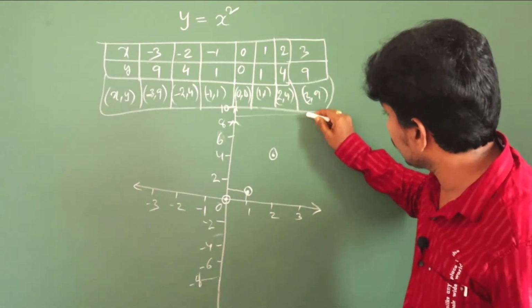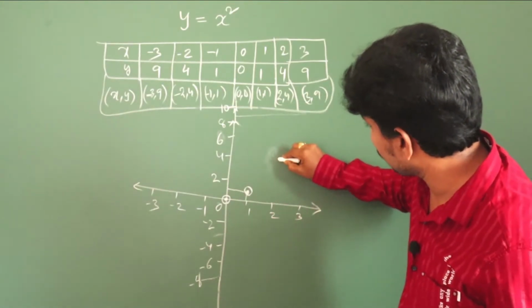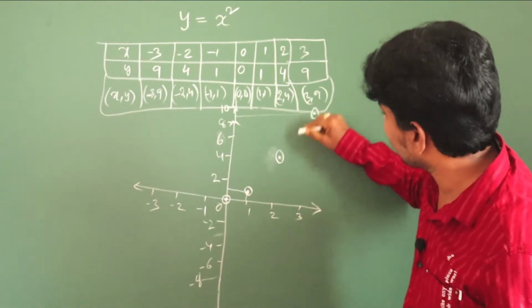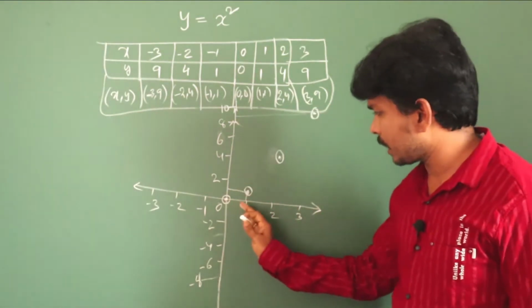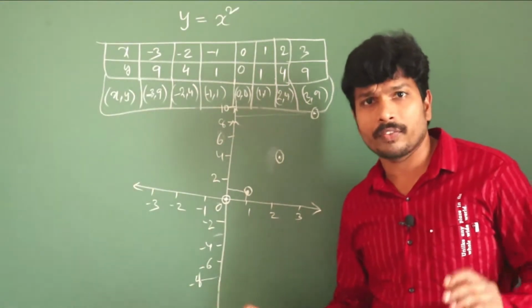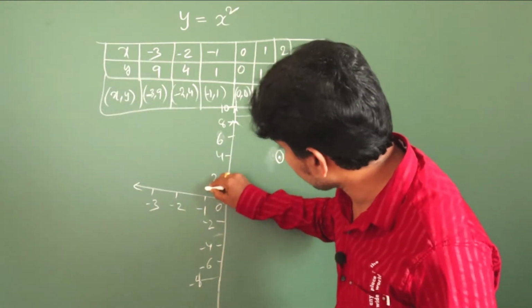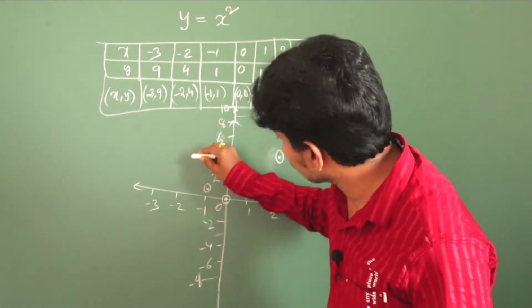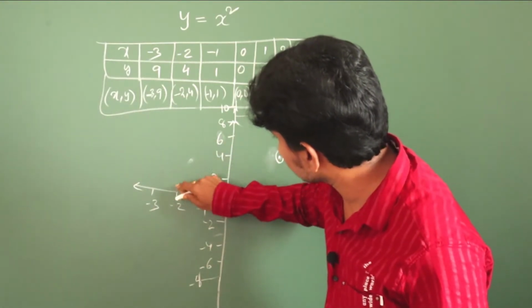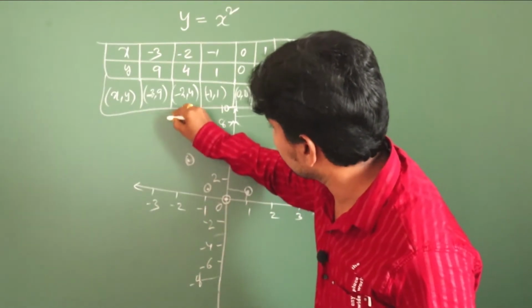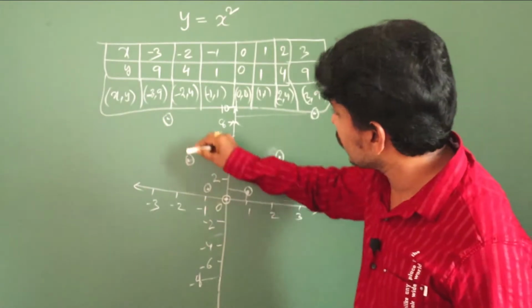I am taking approximately, it is not exact. If you take a graph paper, then definitely you will get exact. Minus 1 comma 1 here. Minus 2 comma 4 here. Minus 3 comma 9 here.